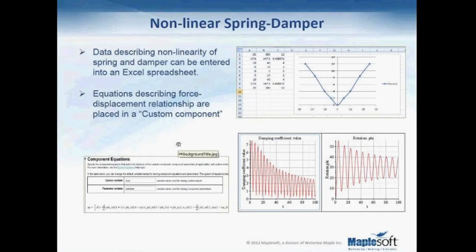So this allows you to incorporate any kind of experiment data or testing data into a MapleSim model, so that you can simulate any kind of nonlinearity in springs and dampers.